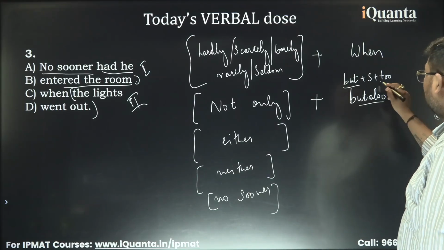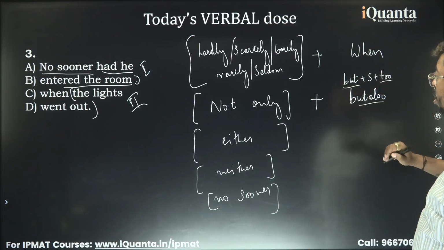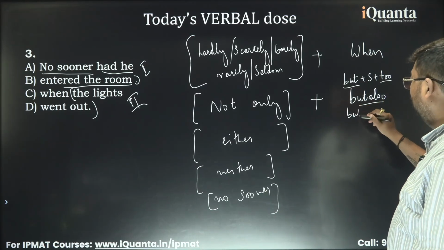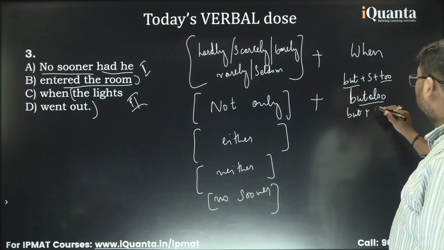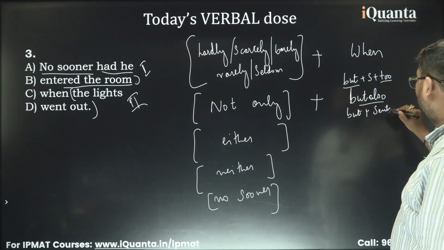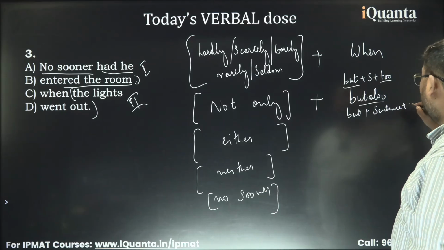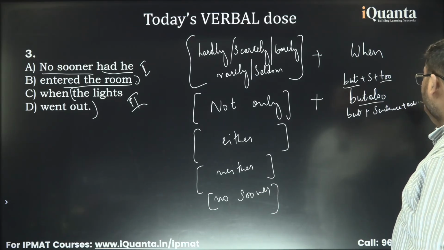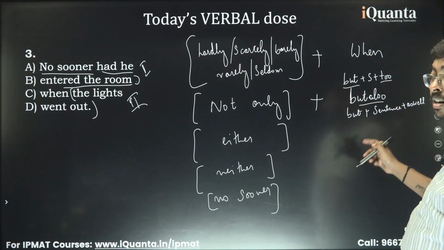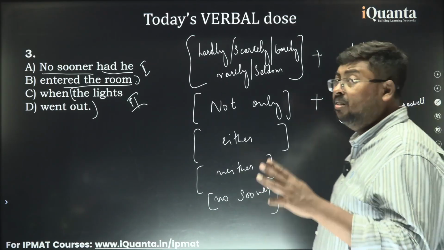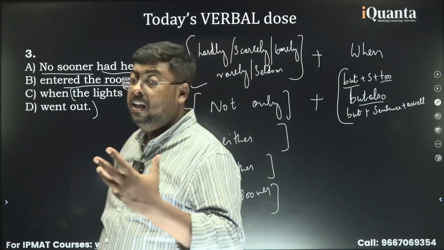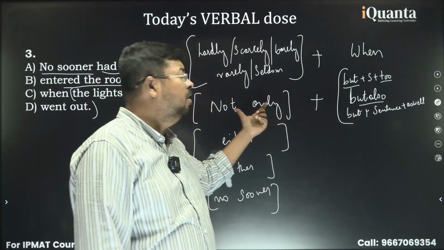Okay? So but plus subject plus to. Or it could be but plus sentence, and we would have as well. Fine? So remember, these are the three different cases that can come across with not only.